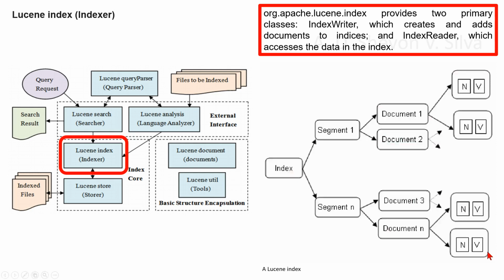Now we are considering the Lucene index. A Lucene index is an inverted index. An inverted index means that the content of the documents that are analyzed has its important terms indexed as a pair consisting of a field name and a field value.